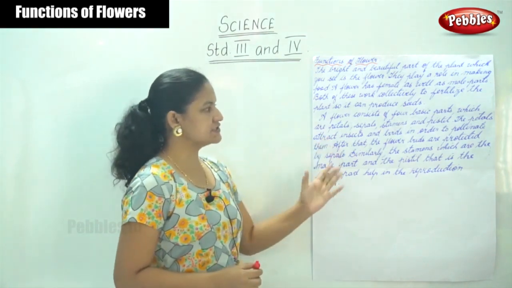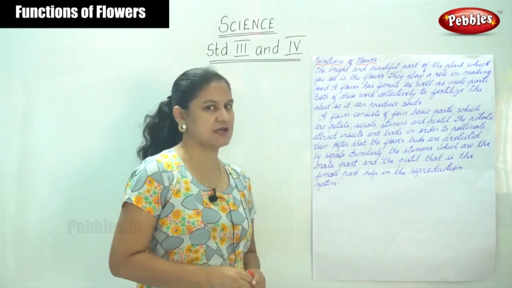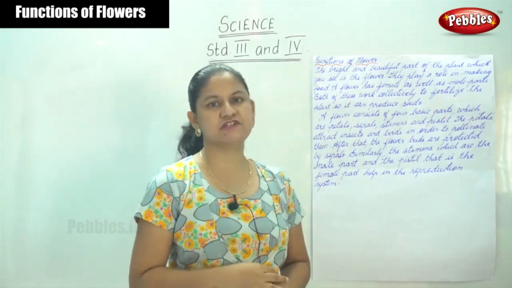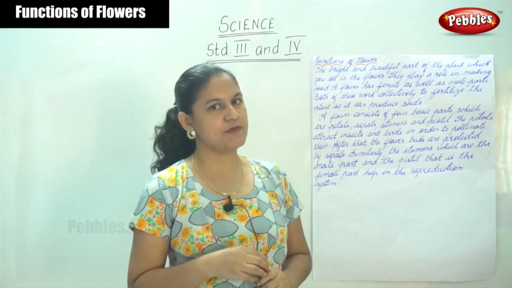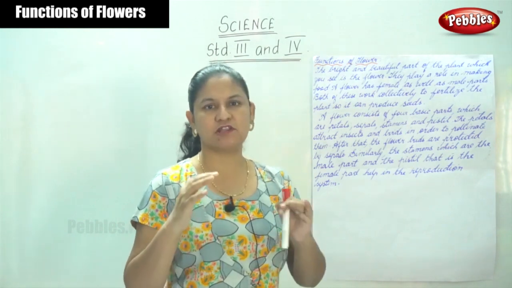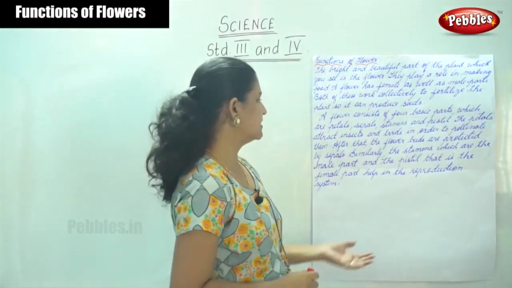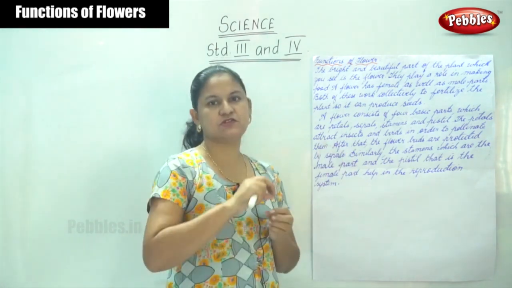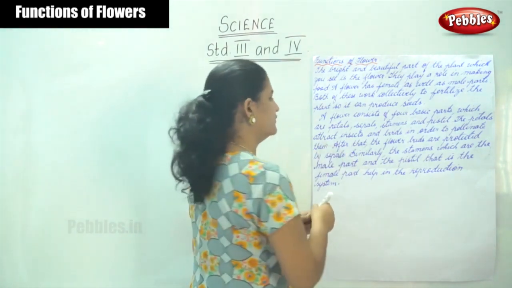A flower consists of four basic parts. So let us see what the four basic parts are.